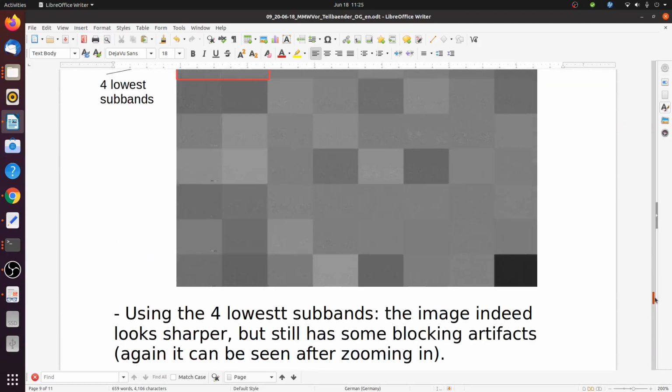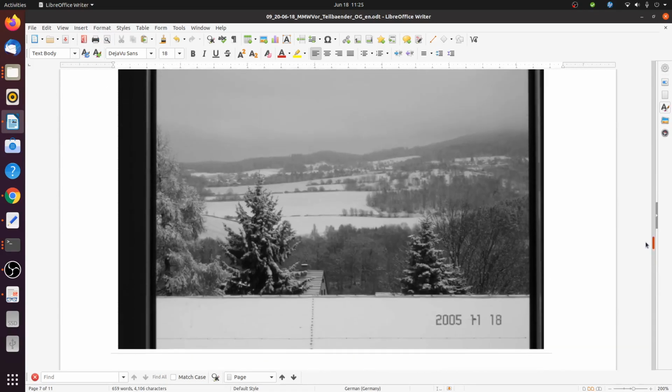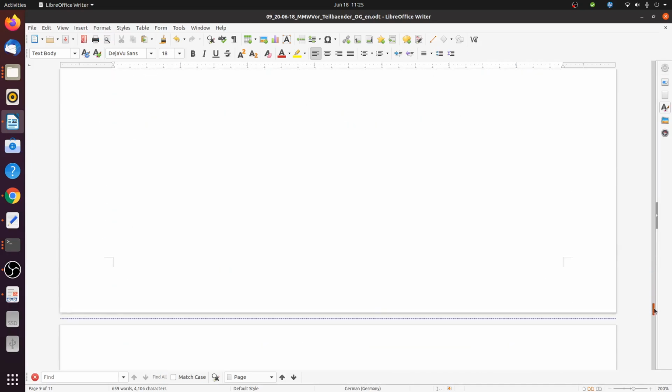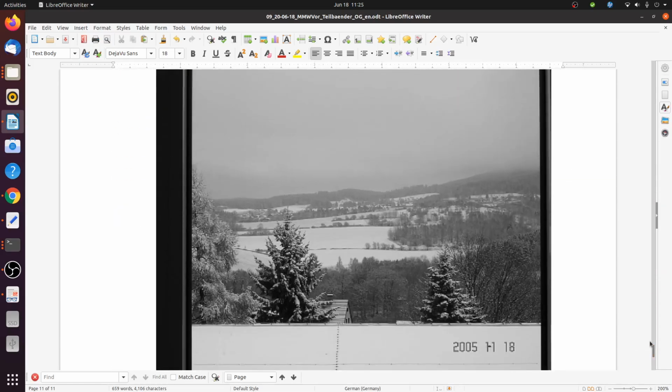Going back to the original, there's the original. This was the original, right? Here's the original. Look at those waves, and here the edge of the trees, and then compare it now to this one here.